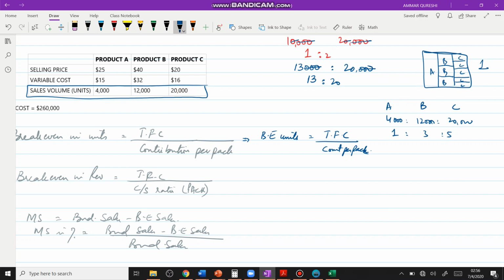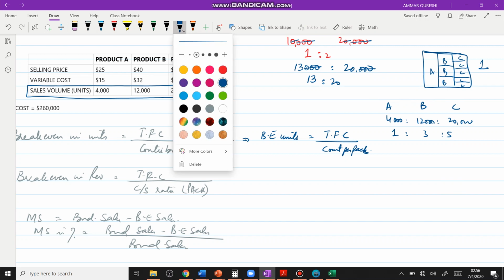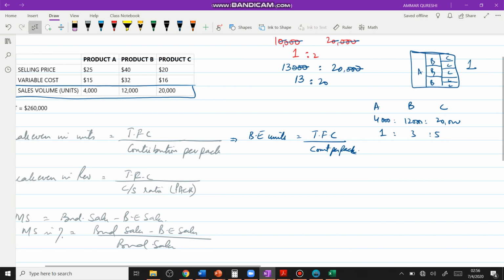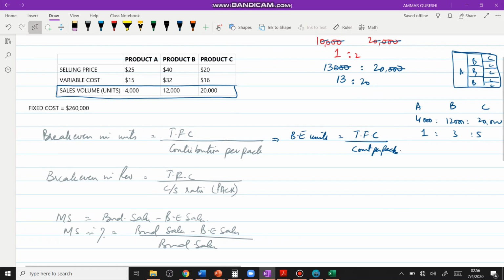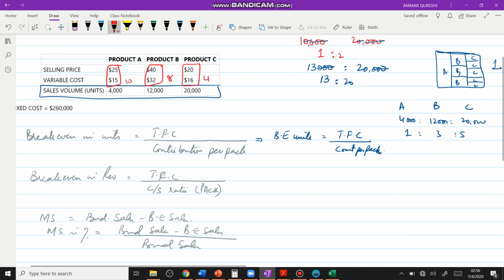So contribution per pack means the contribution of this particular packet. Now, how can you calculate this? See, it's simple. What is the contribution of product A? Contribution of product A is 10. Contribution of product B is 8, and contribution of product C is 4, right?